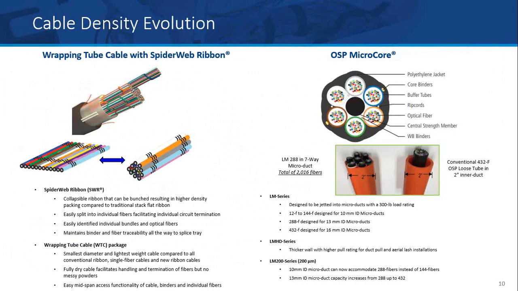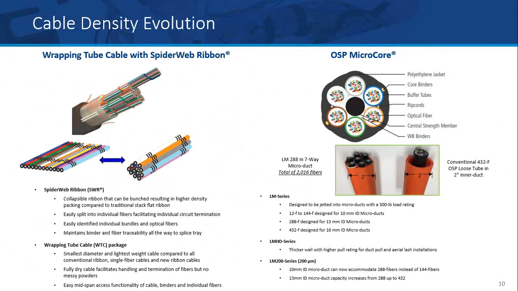You still get the advantage in the LMHD of being the smaller diameter. So you think of overlash situations. Again, make some room. So how do I put a conventional type cable, if I take that example, that 432 in that 2-inch duct, that's the only pathway I have. So if I use a conventional 144, I'm likely having to bore and put in a new pipe, 1 inch, 1 1/4, whatever it may be for that size cable.